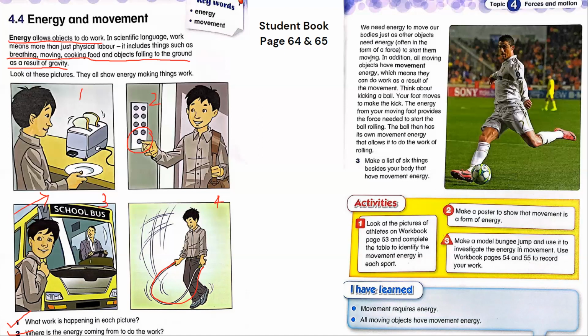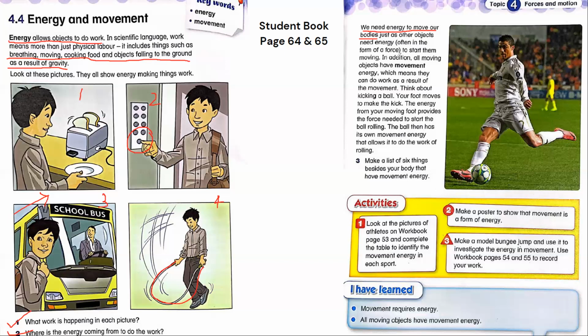Okay, so now I want you to highlight: we need energy to move our bodies. Of course, anything that starts from us needs that energy from us itself, so it is a form of force.